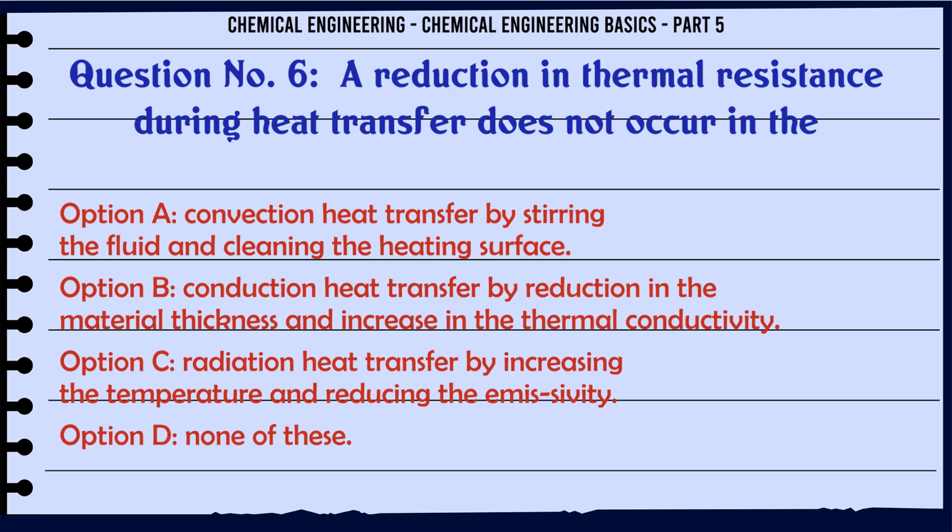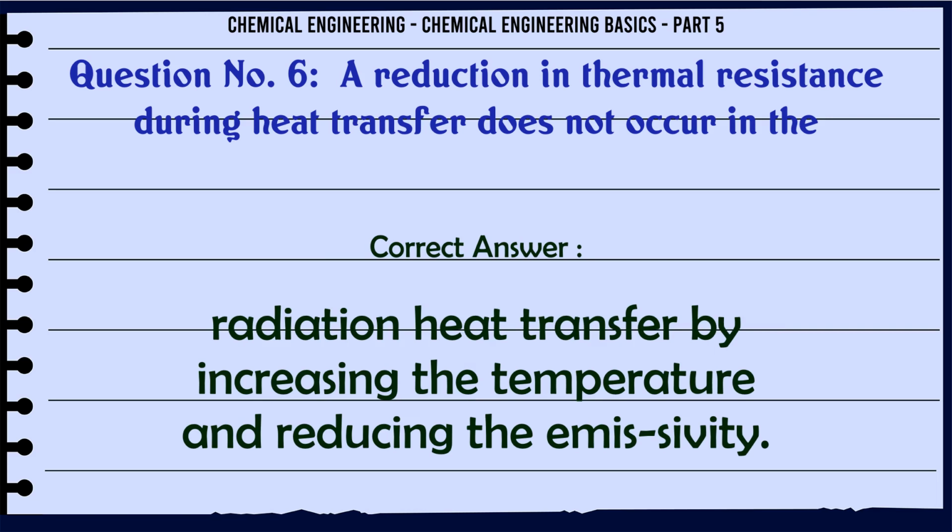B. conduction heat transfer by reduction in the material thickness and increase in the thermal conductivity. C. radiation heat transfer by increasing the temperature and reducing the emissivity. D. none of these. The correct answer is radiation heat transfer by increasing the temperature and reducing the emissivity.